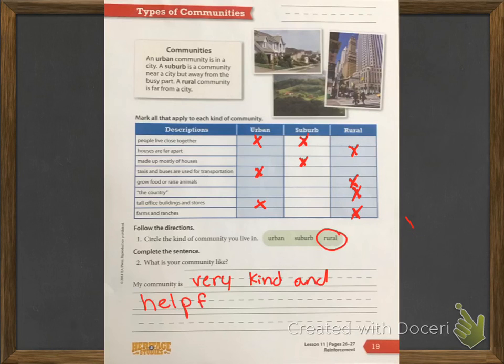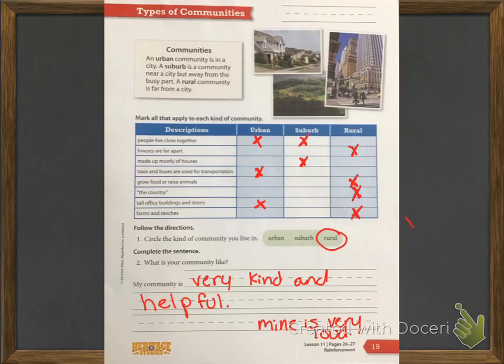How do you spell mine is very loud? So you can put it like this. Yep, you can if you want. Well, if you don't know, then you can just put that your community is very kind and helpful.